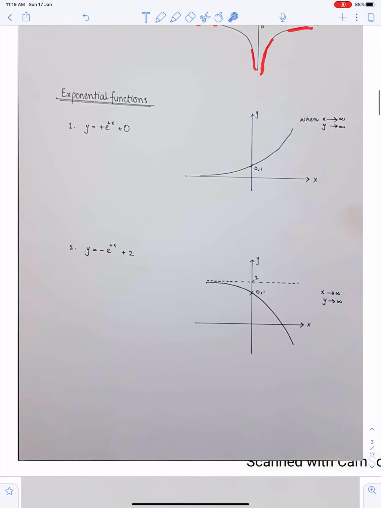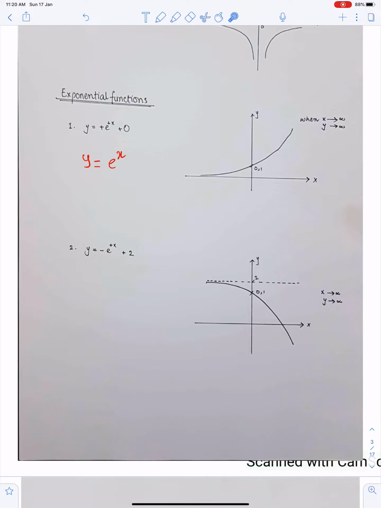Exponential functions. This is e power x. You can write this as y is equal to e power x. I have mentioned 0 here because nothing is here, and this 0 has importance.